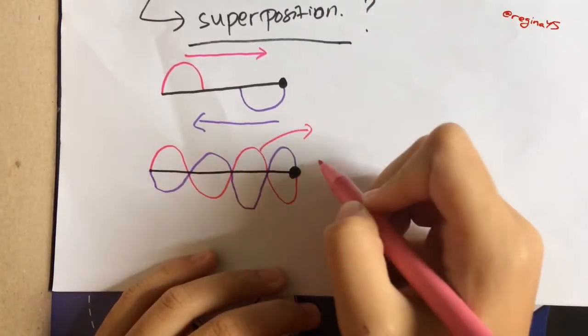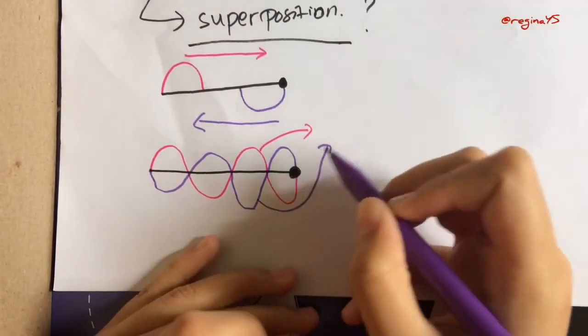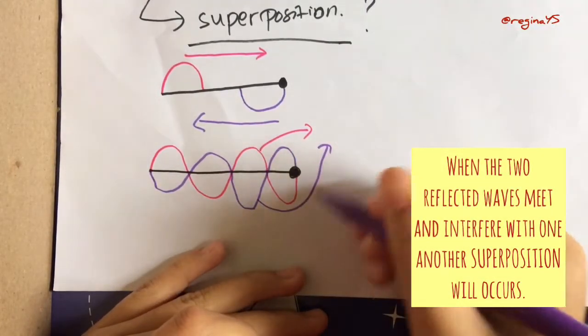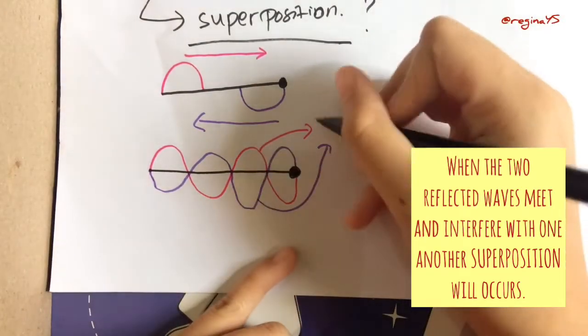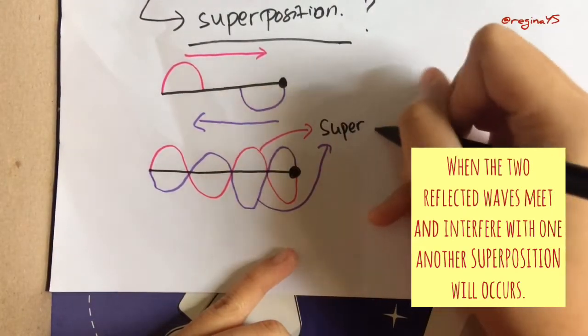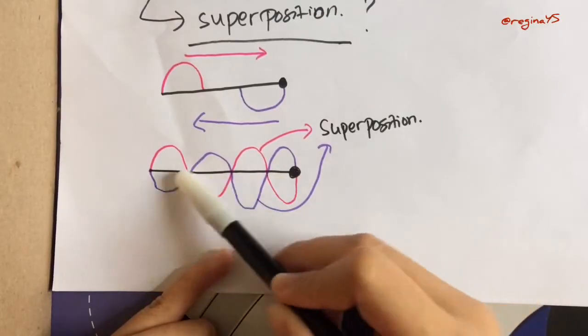When the original wave and the reflected wave meet and interfere with one another, the superposition will occur. This is what happens to the wave.